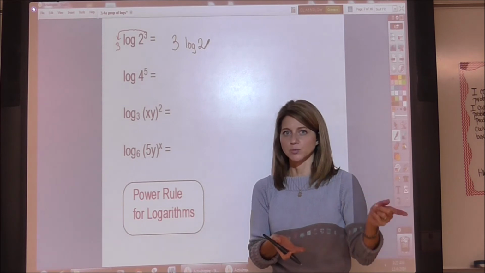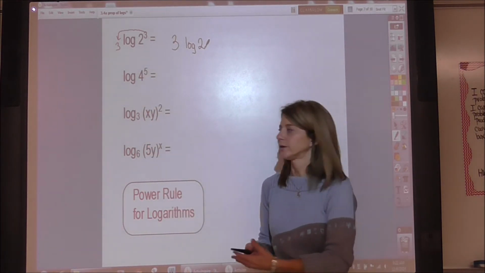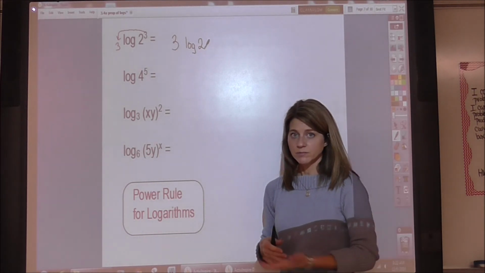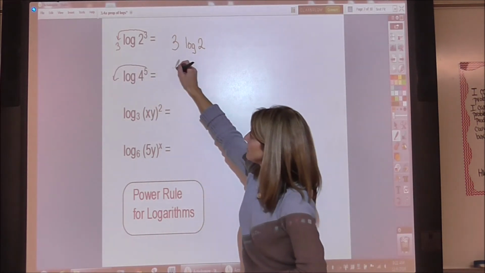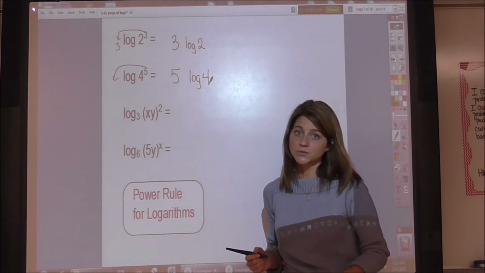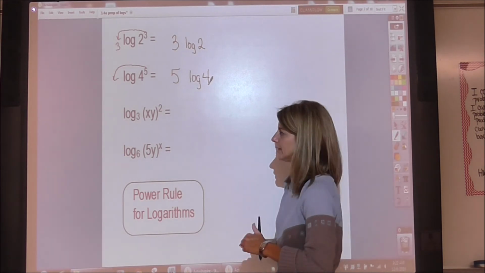So a power to a power, you multiply. This is your power to a power. Okay, so logarithm of 4 to the 5th power, whatever that is, can be written as, if I bring down the 5, 5 times the log of 4. And that's really all we need to do.